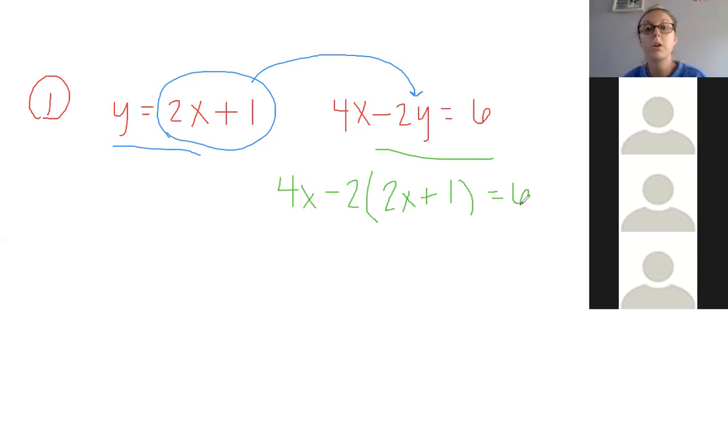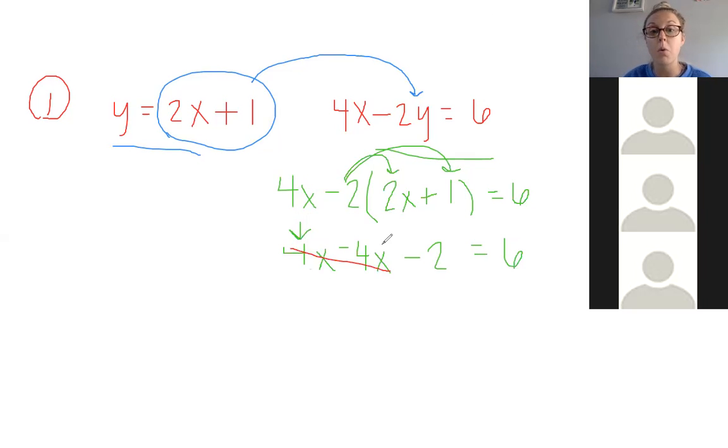You distribute the -2. -2 times 2x would be -4x, and -2 times 1 would be -2. Then bring down the 4x that was in front. What's going to happen when I have 4x minus 4x? You're gonna combine them. What is 4x minus 4x? 0. So the x's go away.